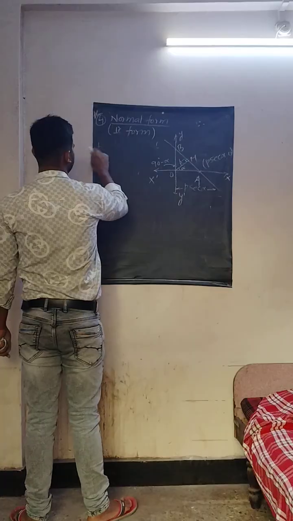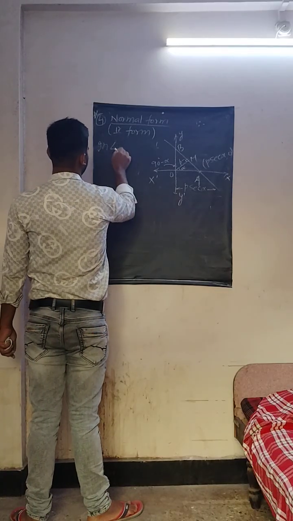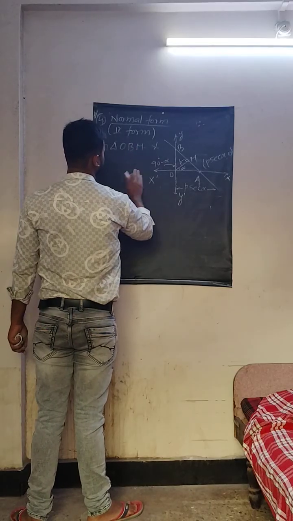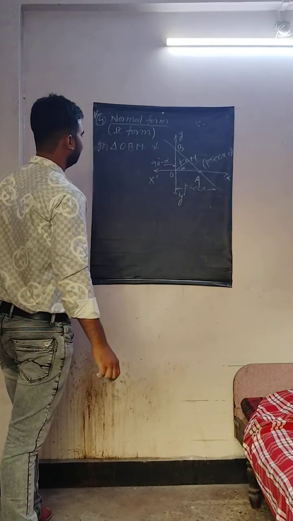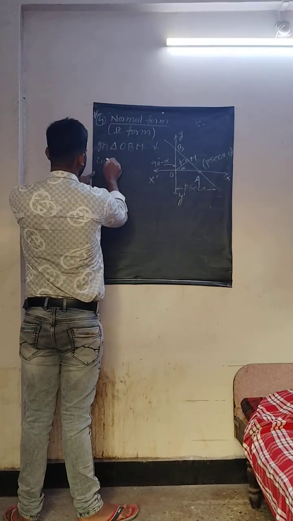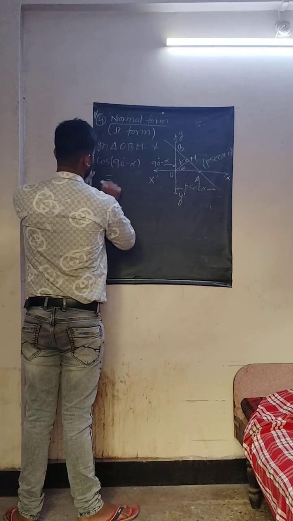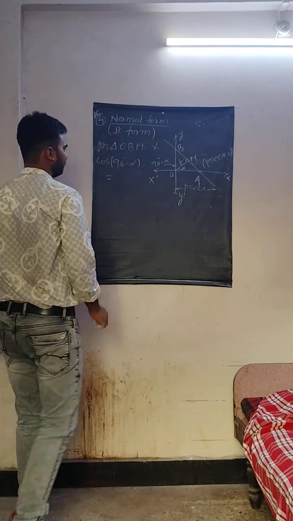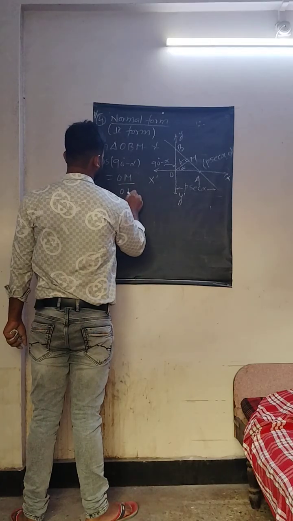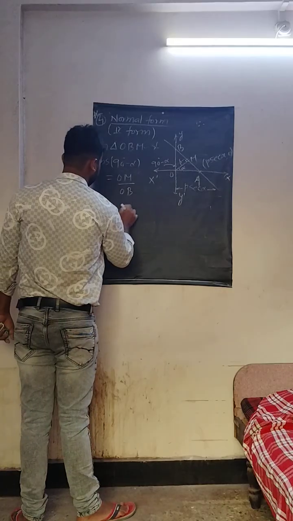Again in triangle OBM, cos 90 minus alpha. What is cos 90 minus alpha, beta? It is equal to base upon hypotenuse. Base is OM divided by OB. Cos 90 minus alpha is sin alpha.